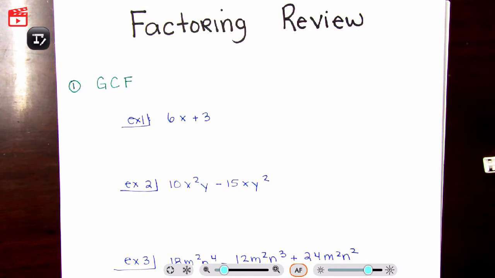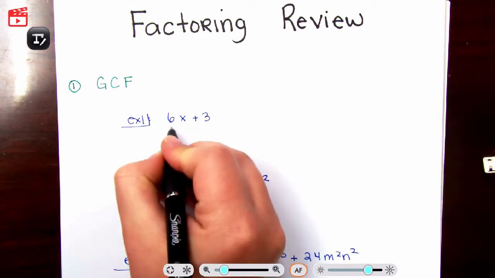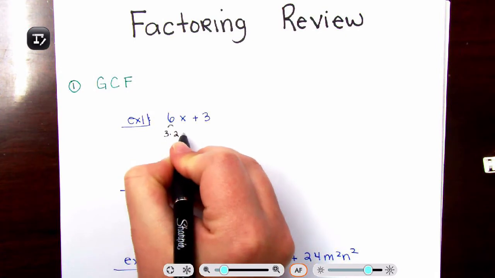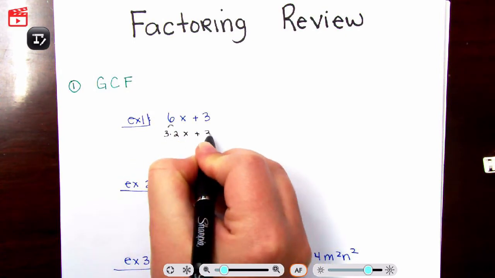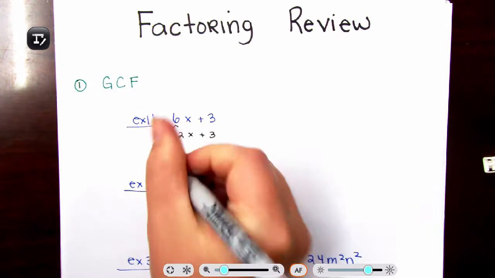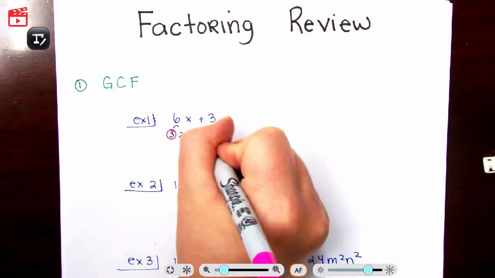GCF means greatest common factor. So what that means is take out as much as you can from the given binomial, polynomial, monomial, whatever you have. For example, I know that I have 6. 6 can be factored out as 3 times 2. I still have my x, and I have a 3. I'm noticing that I have a 3 in my first term, and a 3 in my second term.